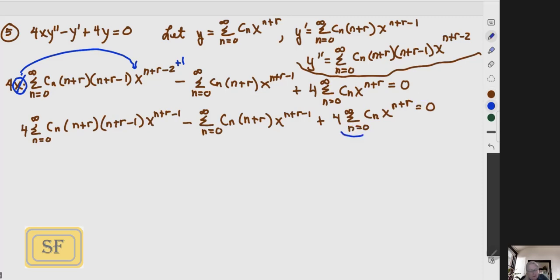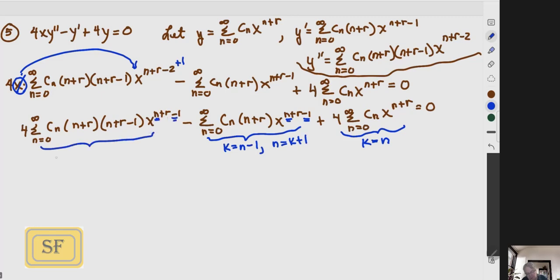And so on that last summation, we could just replace the n with k, and that'll fix it. On these other two summations, if you let k equal n minus 1, then n is going to be k plus 1, and we can make that substitution. And that's the same for both of these summations.